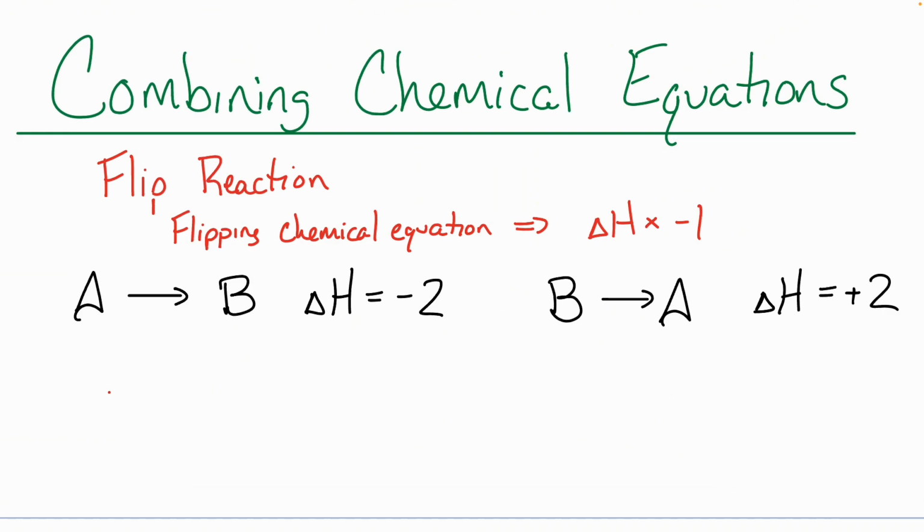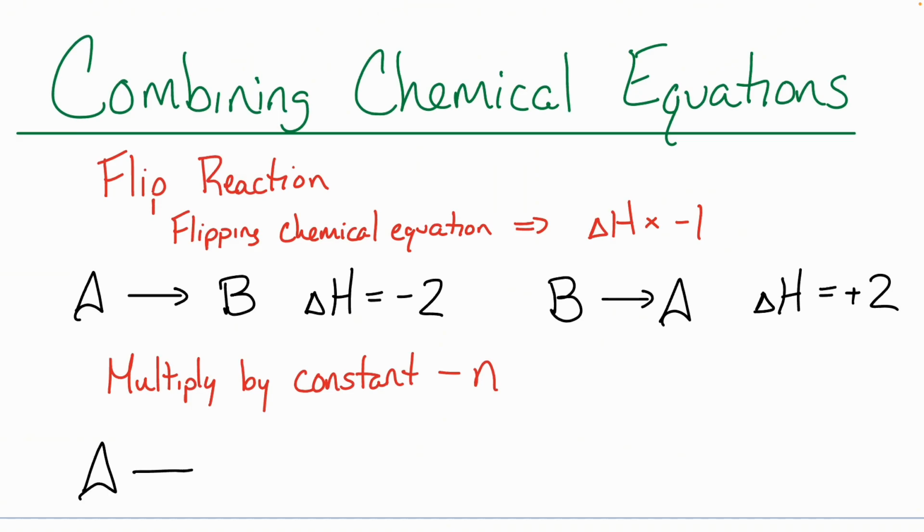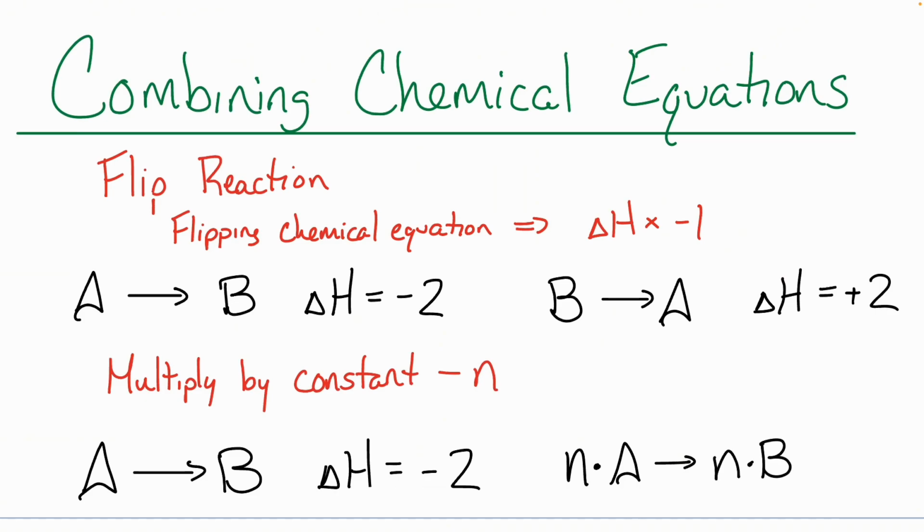All right, the other thing that we can do, the other way that we are going to have to manipulate these to combine is to multiply by some constant value. All right, so if A to B has a delta H of negative 2, that means that N times A going to N times B has a delta H of N times negative 2.